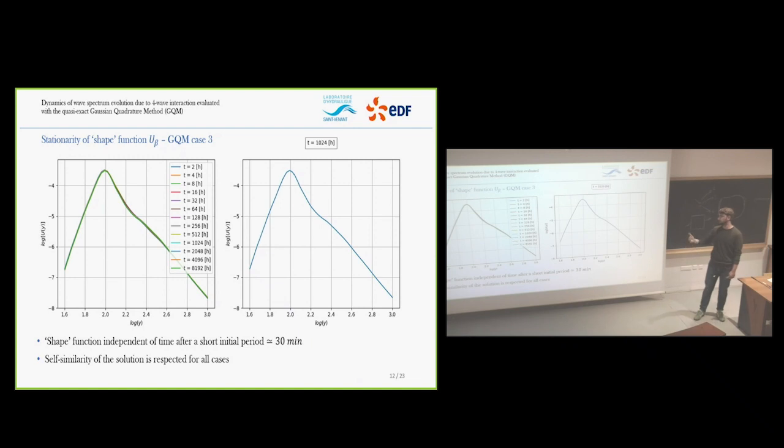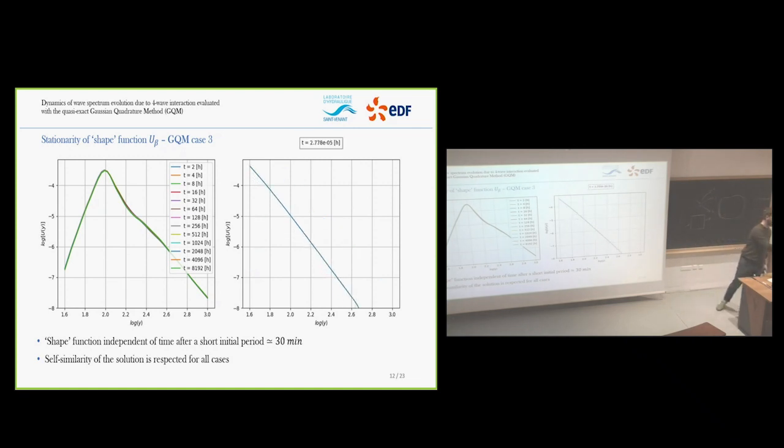We will see this a little better afterwards, but this is because we begin from a state that is very far from the equilibrium state, so the spectrum is evolving very rapidly. But afterwards, we see that the function is indeed stationary, and so the self-similarity is proven.